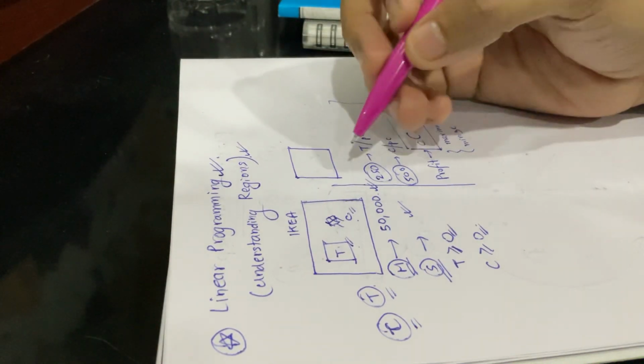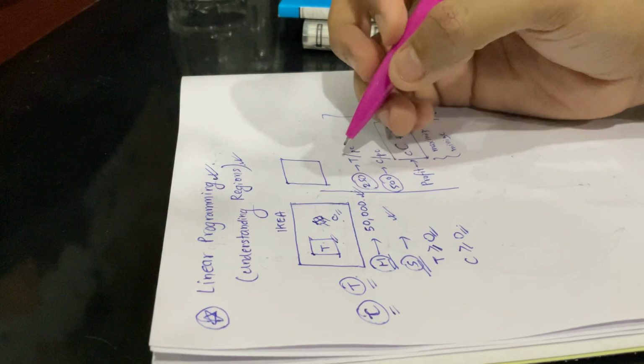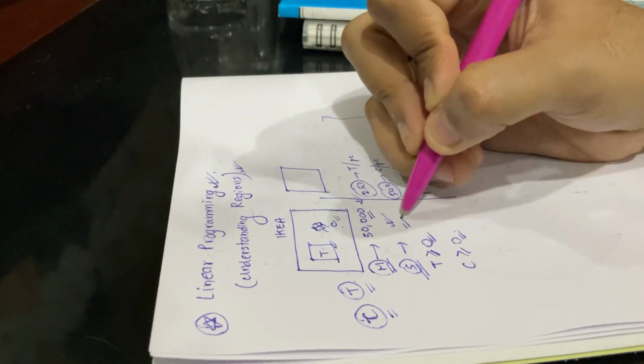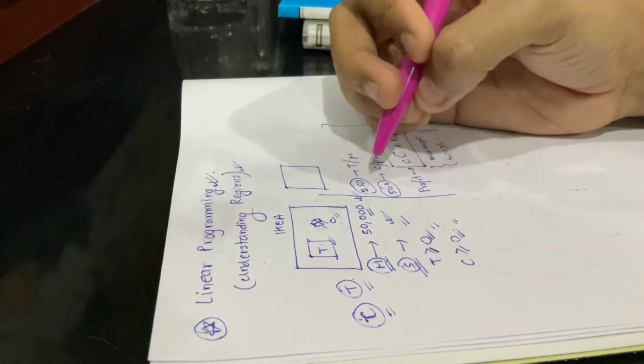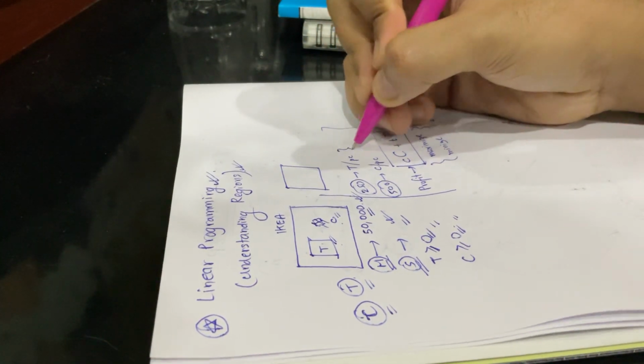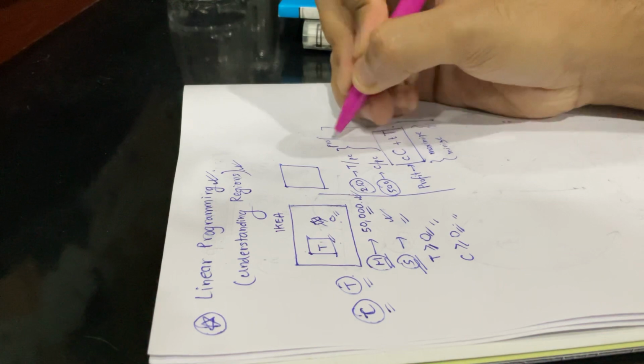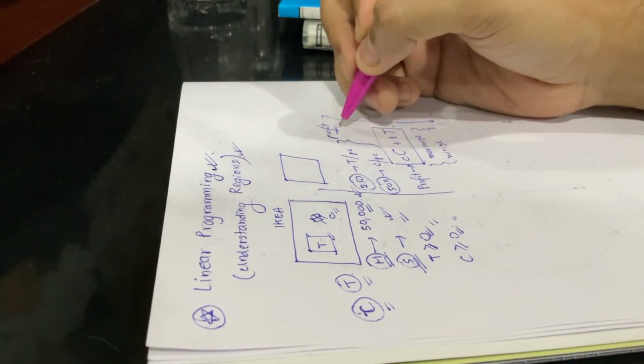If you have a problem statement like this, with one constraint, or one more constraint, or whatever it is, and you have to maximize the profit, how do you do it?